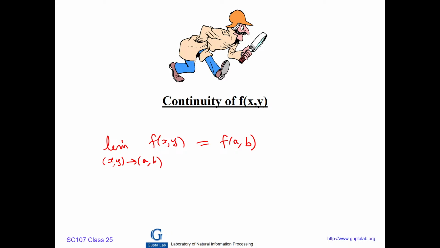Now this distance we normally take as the Euclidean distance, square root of x minus a whole square plus y minus b whole square, right? Got it? So you can get the definition of continuity of a function.